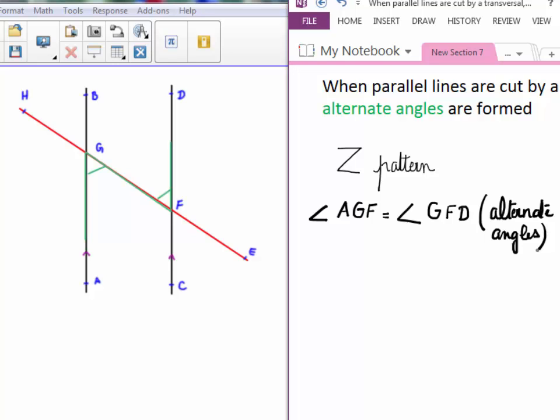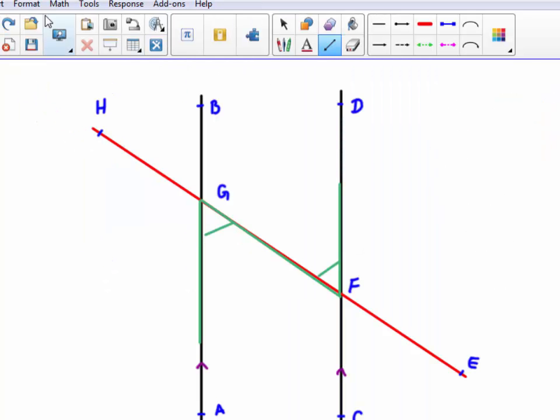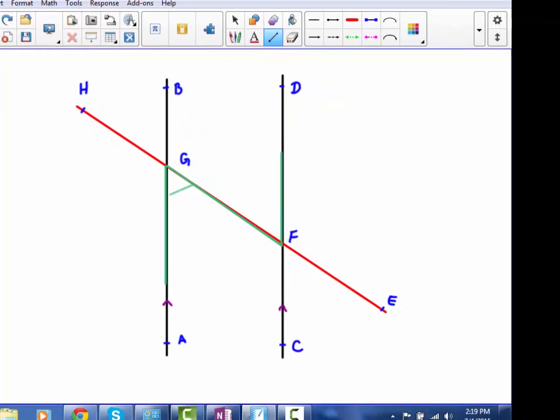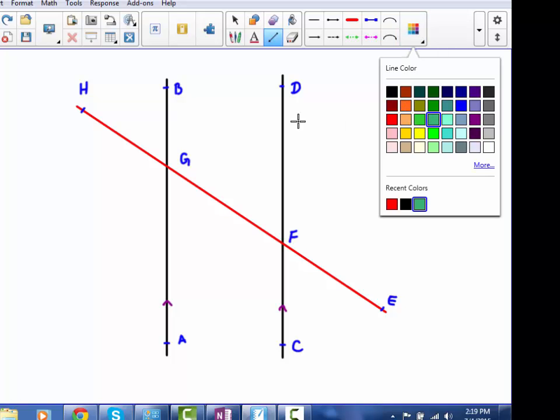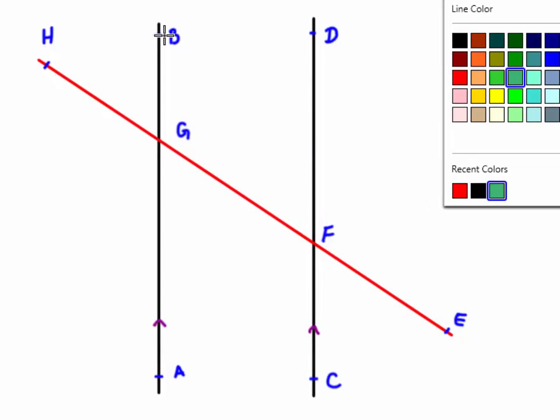Do I have any other alternate angles? Let's go to the same drawing and see together if we can see any other alternate angles. So I'm going to remove the green. Let's see any other Z pattern. Usually we can see it, and I'm going to draw it in green again. I'm going to try to show you beside these two lines.